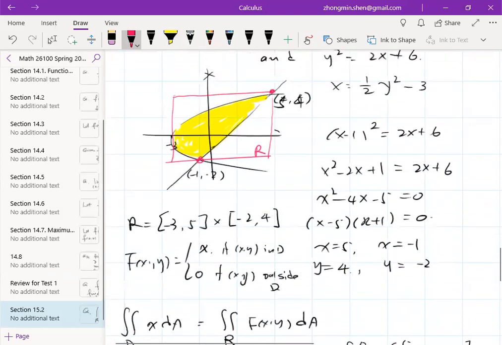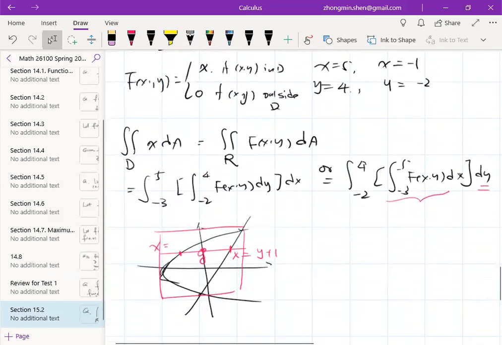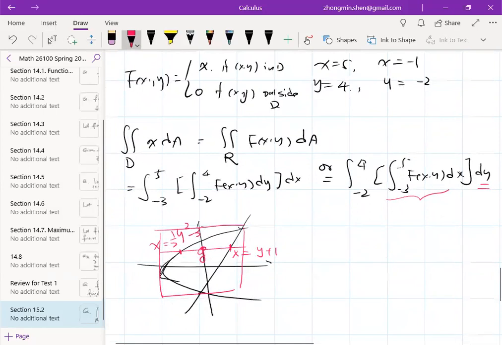So let's go back. It's y squared minus 6 divided by 2, so it's half of y squared minus 3. For fixed y, the x variable is between those two.